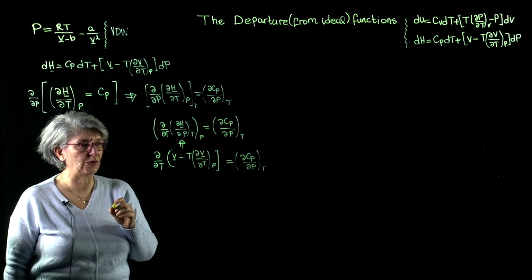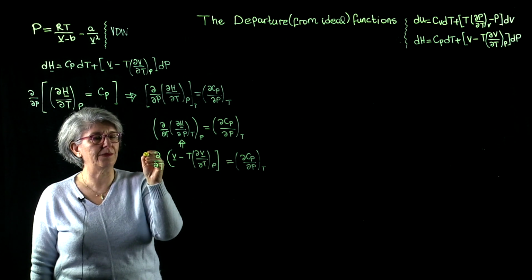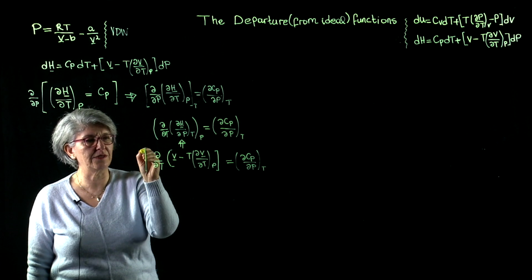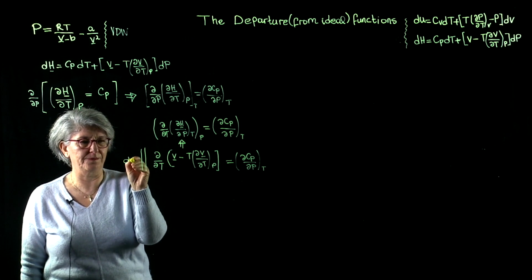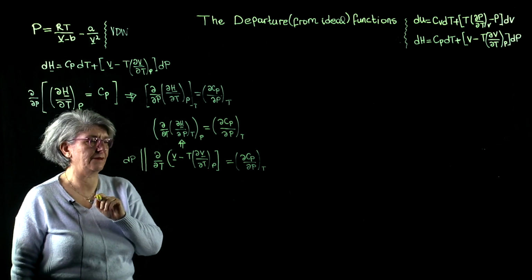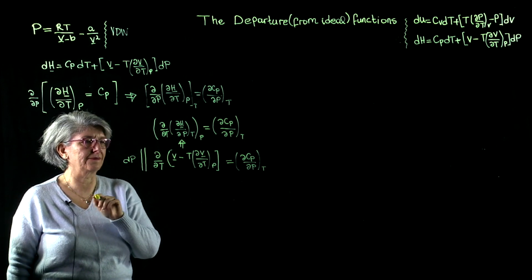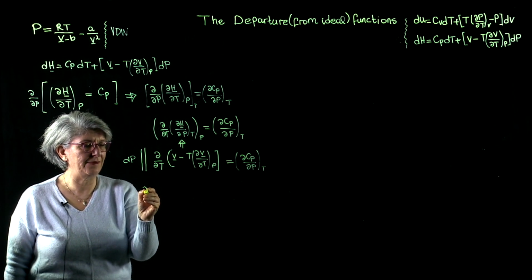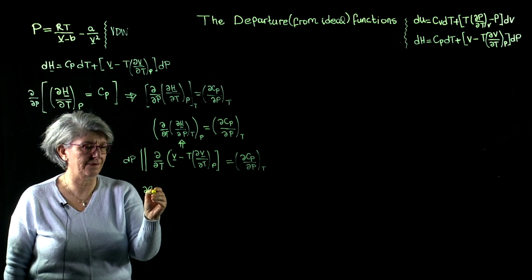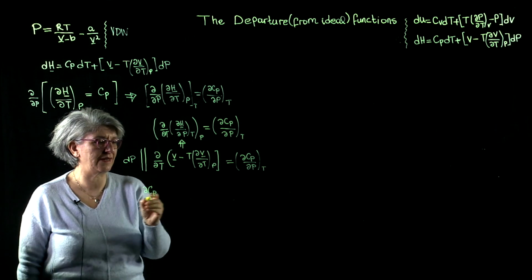What I'm going to do is multiply both sides of this equation with dP, all right? Then I'm going to have del Cp on one side.